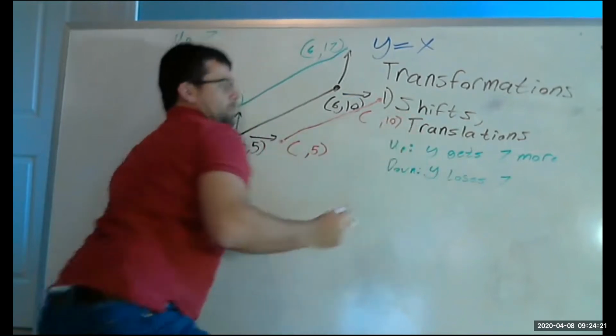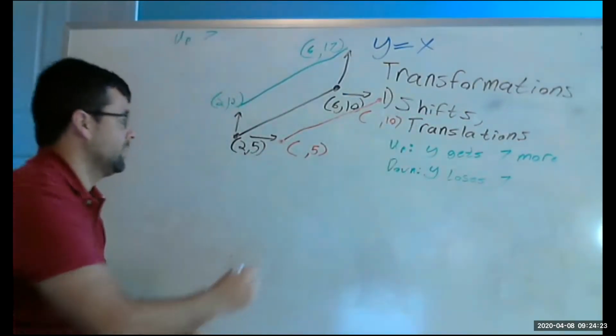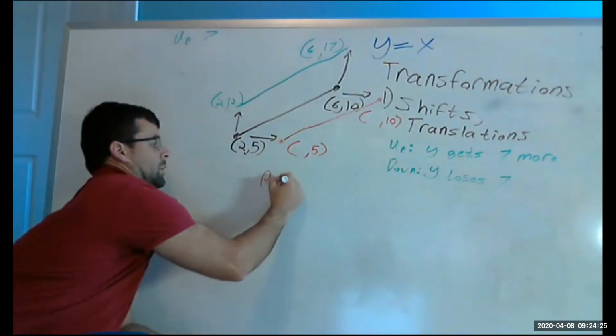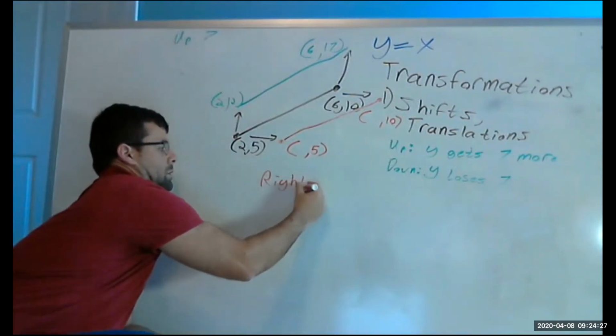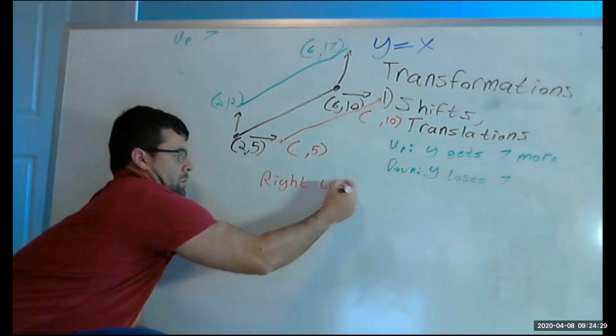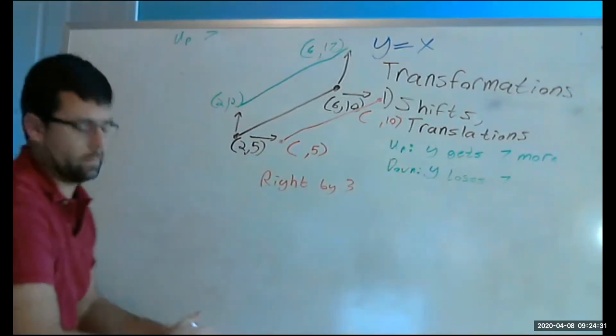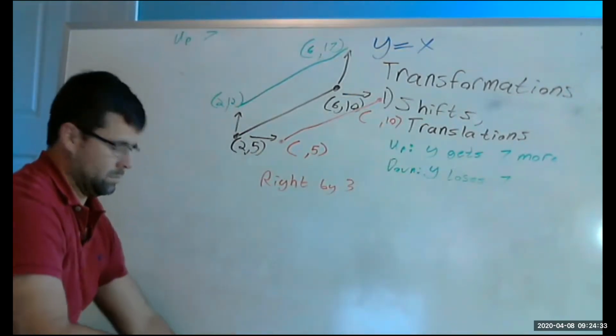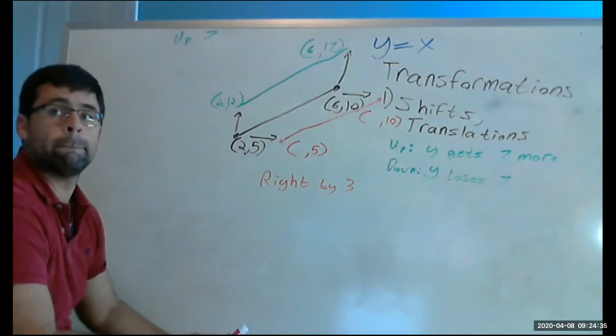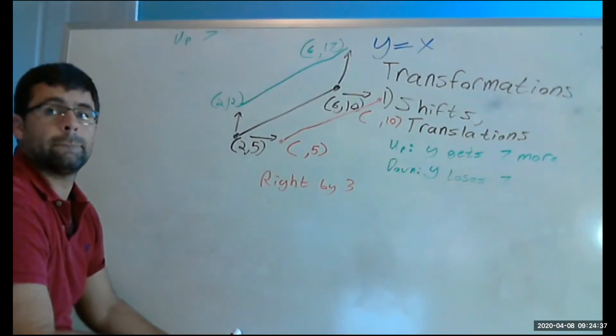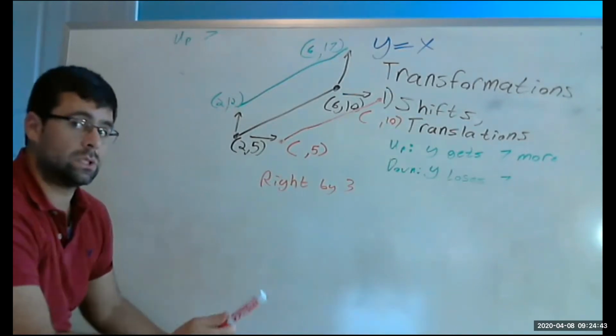What happens to the x value? Okay, so it'll be like (-1, 5) and (3, 10). So we're going to the right.